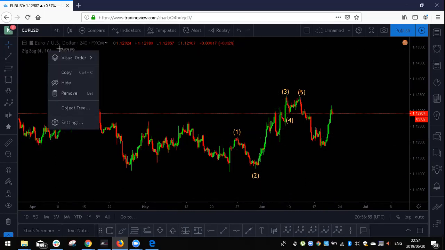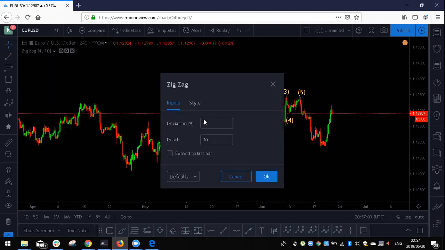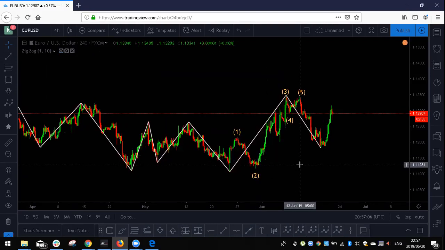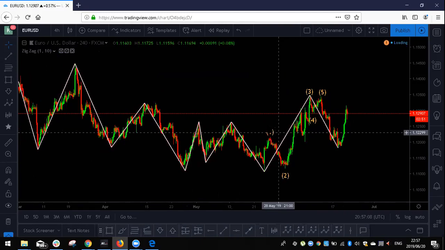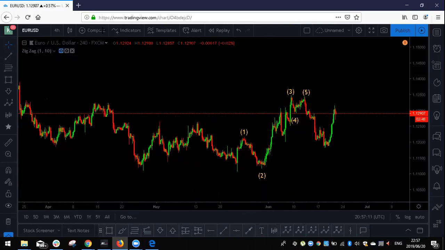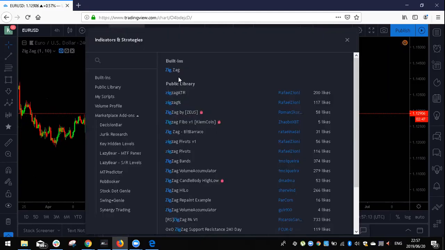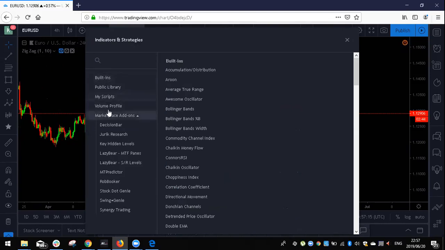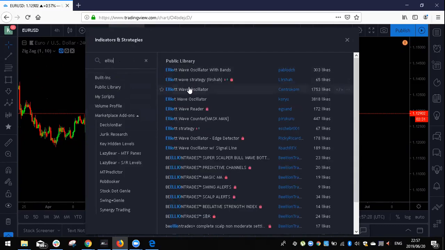Okay, I need to pull it down a bit. It's not really seeing anything in this structure, but let me put in, okay, it's called Elliott Wave Oscillator.